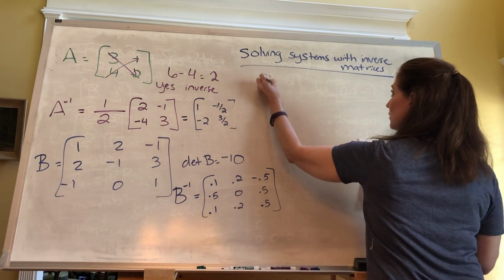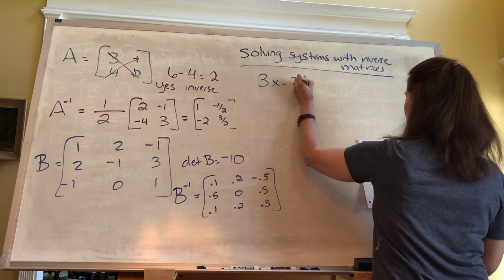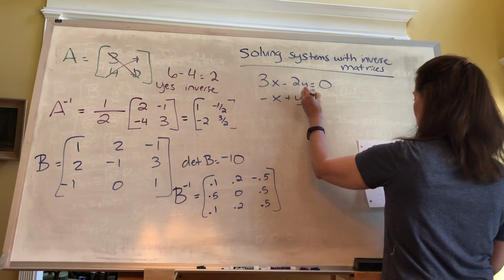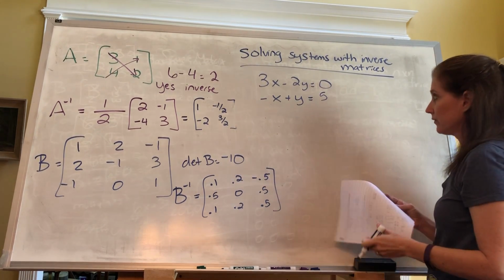Okay, so we have 3x minus 2y equals 0, and negative x plus y equals 5.